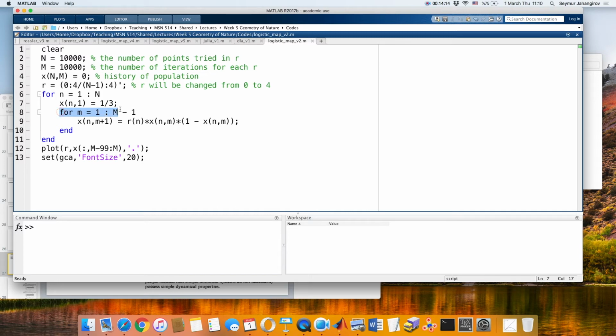So I go from 1 to m minus 1, while xn m plus 1 finds the population in the next generation.